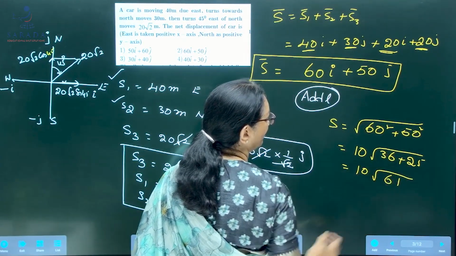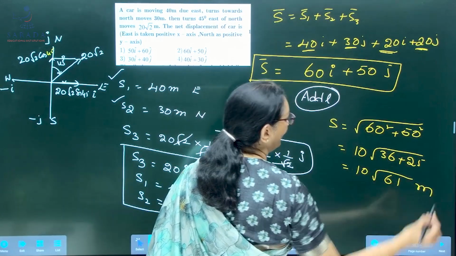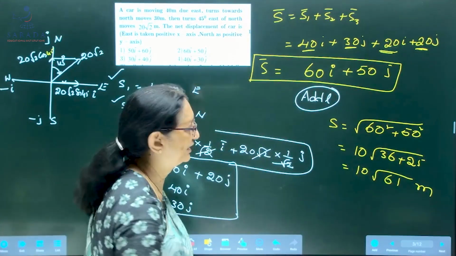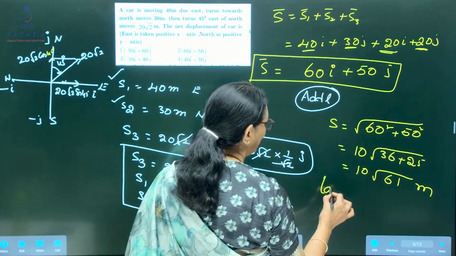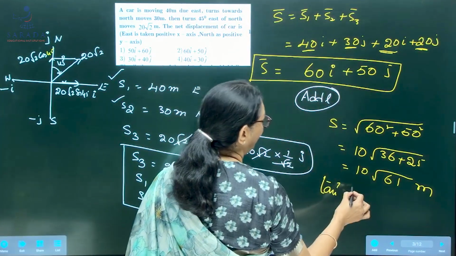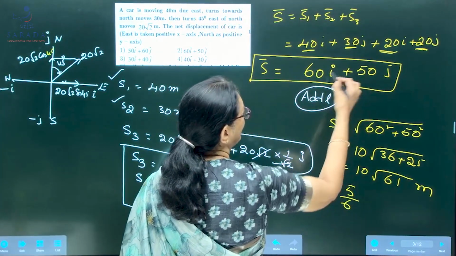It is 10 root 61 meters. That is the magnitude. And the direction is tan inverse 50 by 60.